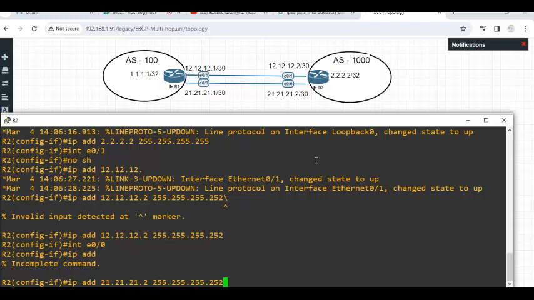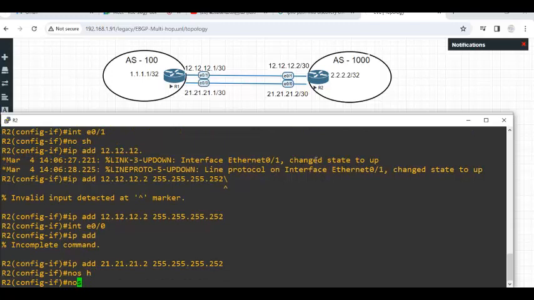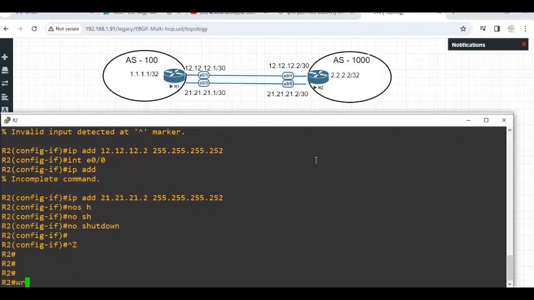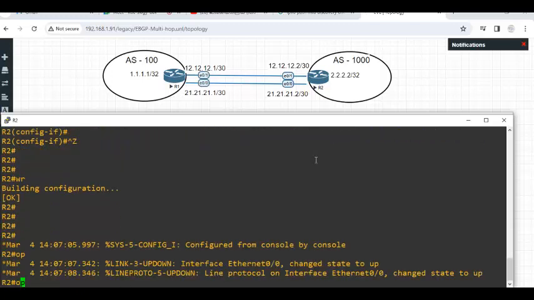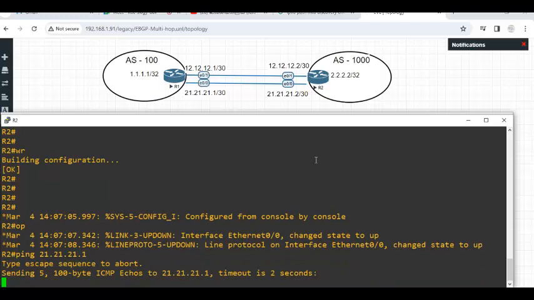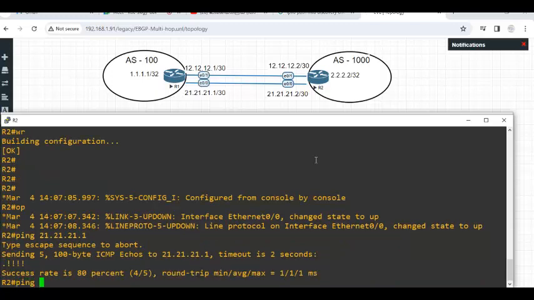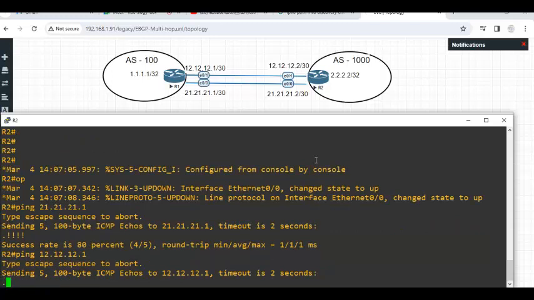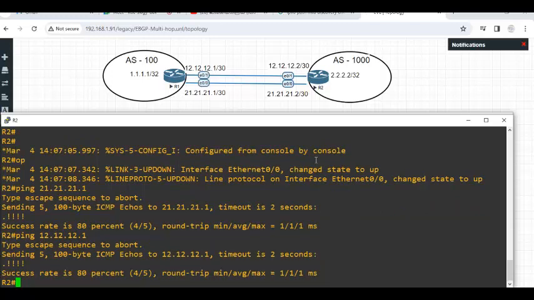Now I'd like to try pinging the directly connected interface addresses from here. Ping 21.21.21.1. Also, I would like to ping 12.12.12.1. Now, if you want to form a neighbor using loopback to loopback, what is the first condition? The very first condition is that the addresses need to be pingable.